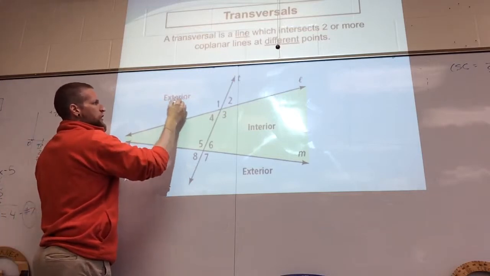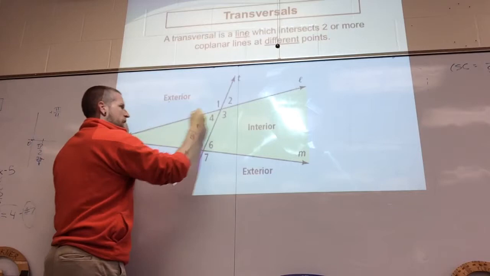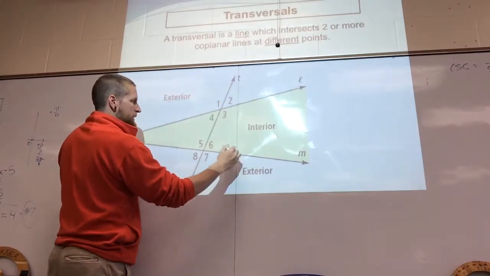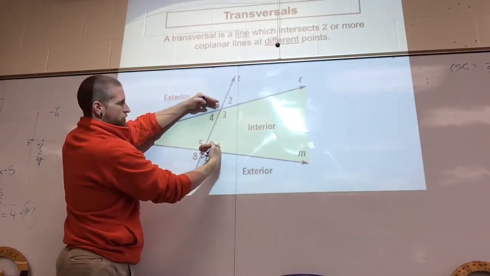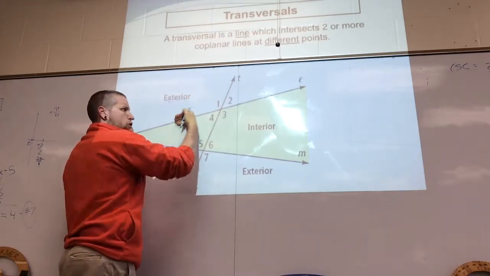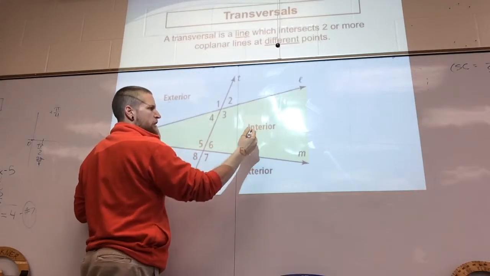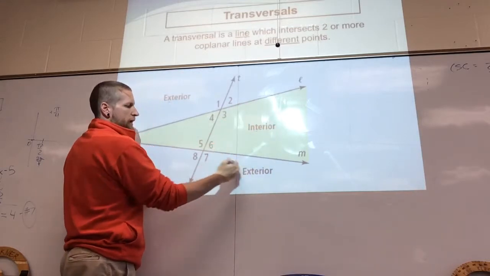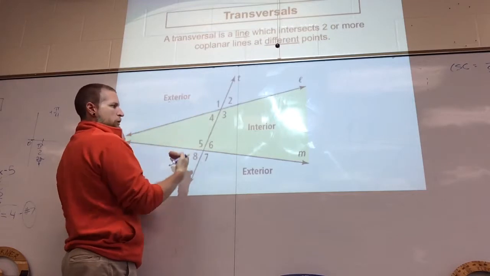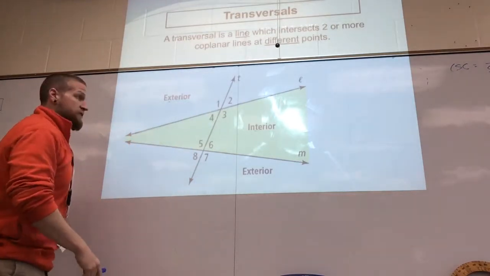When they put exterior, exterior just means it's on the outside of these 2 lines. Meaning these 2 lines, the way they're drawn, there is a region between the 2 lines. This whole region that they have shaded between the 2 lines is the interior. So interior just means it's between it. Exterior just means it's not in between the lines. That's all. Exterior in general just means outside, and interior means inside. Okay?